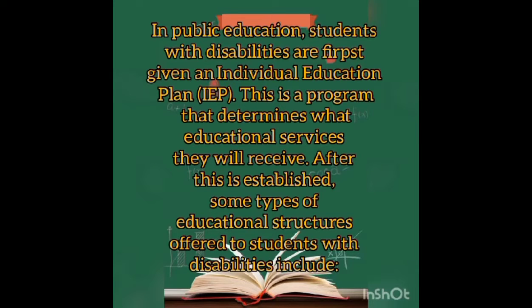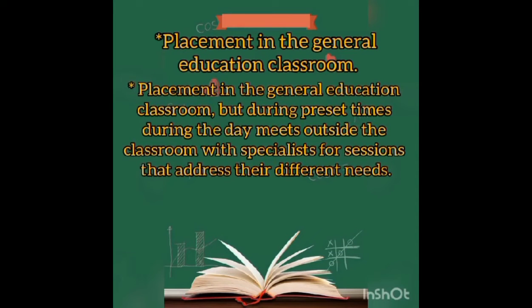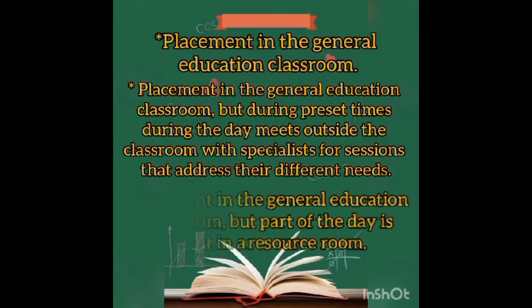After this is established, some types of educational structures offered to students with disabilities include placement in the general education classroom, and placement in the general education classroom but during certain times of the day meeting outside the classroom with specialists for sessions that address their different needs.